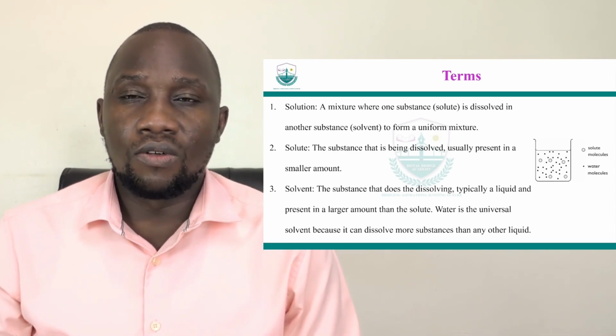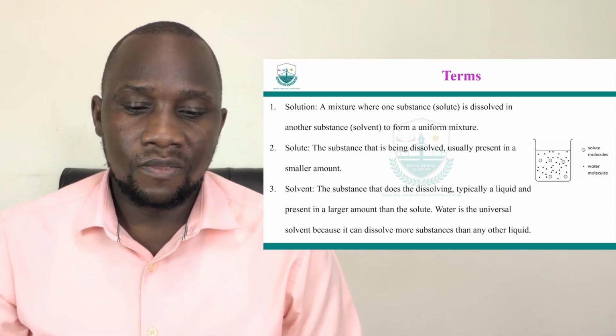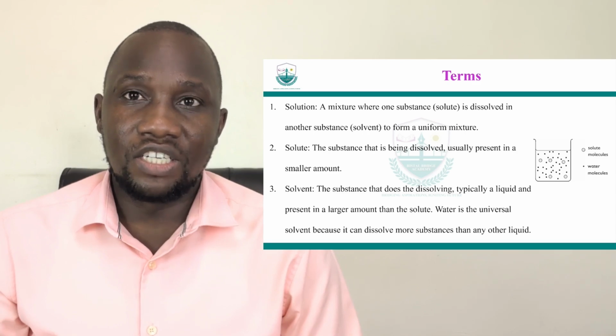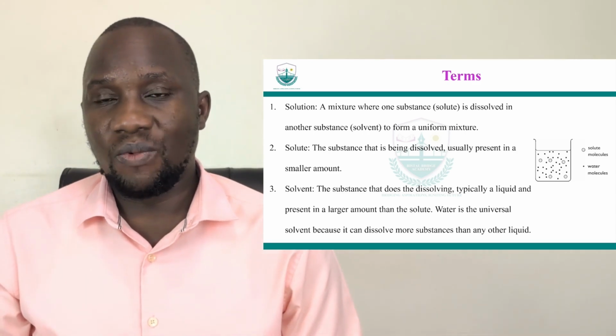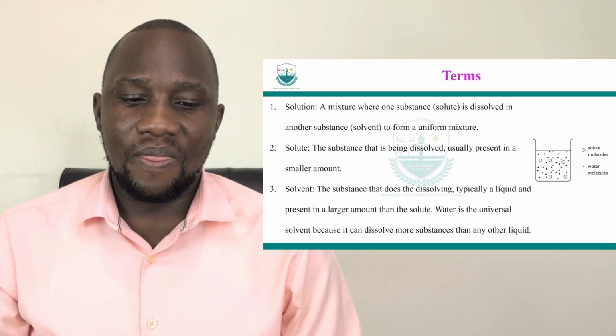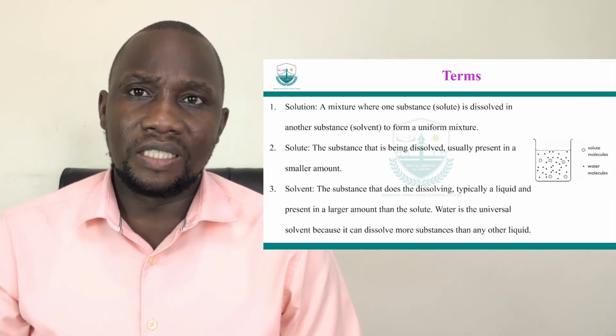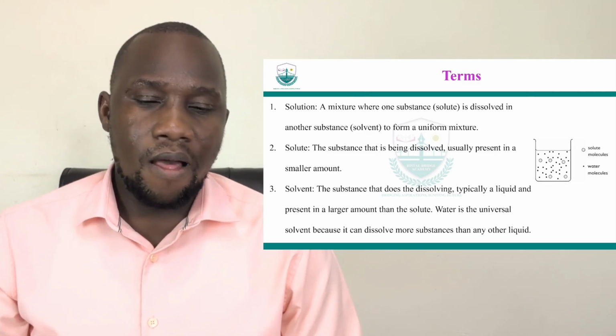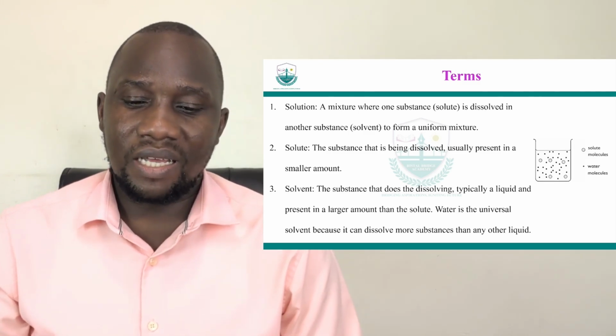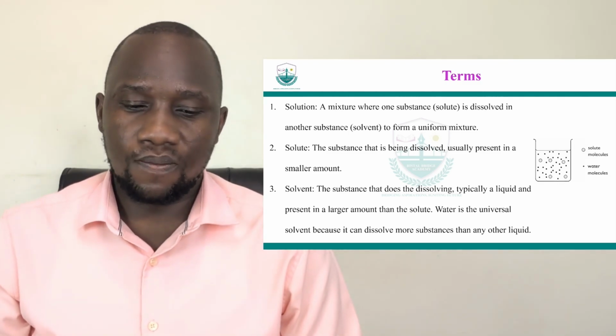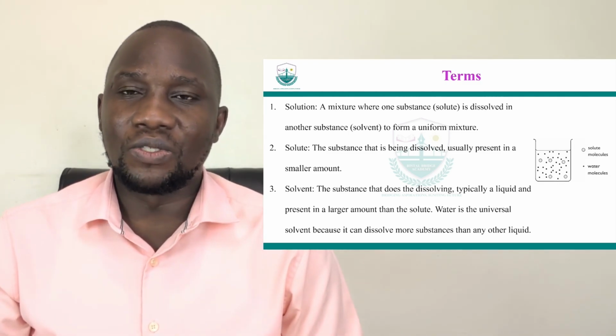So solute is the substance that dissolves into the liquid component, and usually it is in smaller amounts. And then the solvent is that substance that dissolves the solute, and is the one which is usually in large amounts.